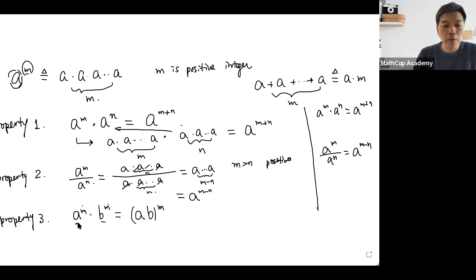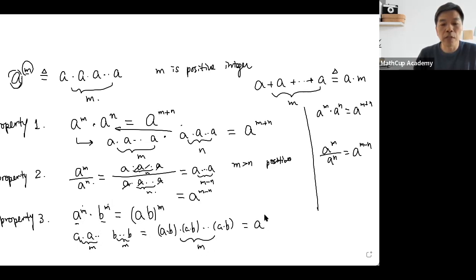And why is that? If you expand a to the power m, m a's multiplied together, and this is m b's multiplied together. So let's write it. A times a, m a's multiplied together. This is b times b, m b's multiplied together. If we use the associative law and the commutative law, this is the same as a times b times a times b times a times b, m such things multiplied together.